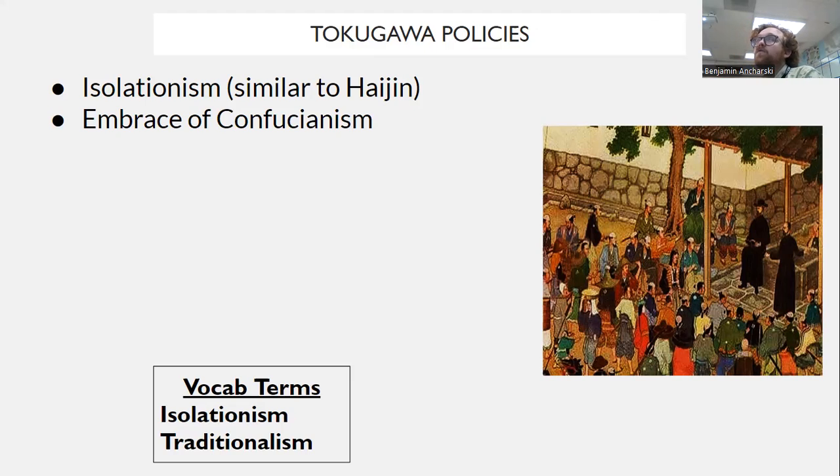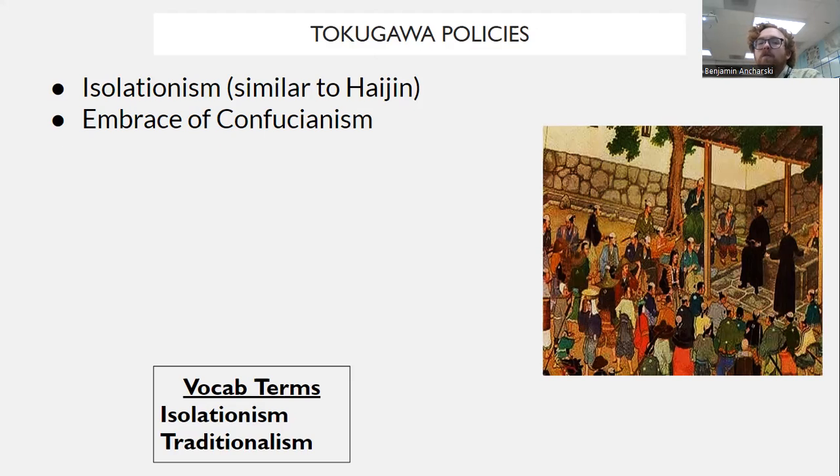So we do see that Confucianism will largely influence Japanese foreign policy. You could say that the influence of Confucianism is a continuity in world history, in East Asian history specifically.